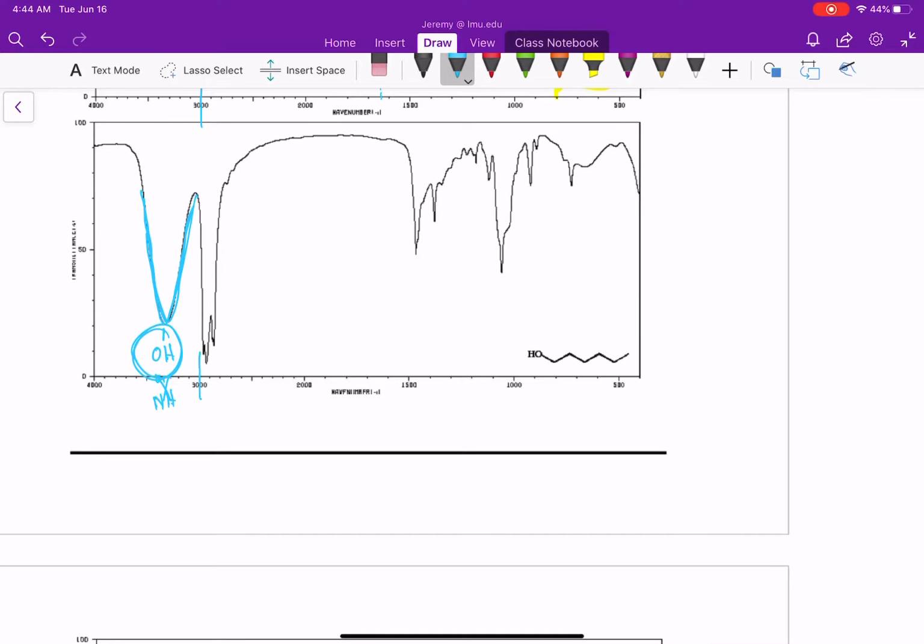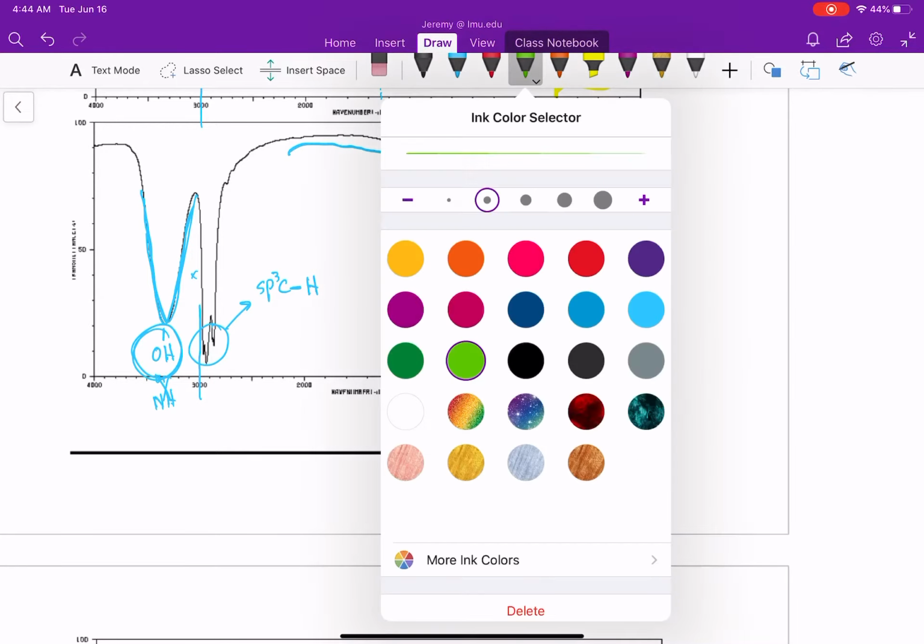We get to zone 2, we draw our 3000 line, nothing to the left of it, a bunch of peaks between 3000 and 2850. We're generally always going to see these. These are sp3 carbon to hydrogen bonds. Nothing in zone 3, nothing in zone 4. Once we get to our fingerprint region, we can generally ignore that. So what does this tell us?